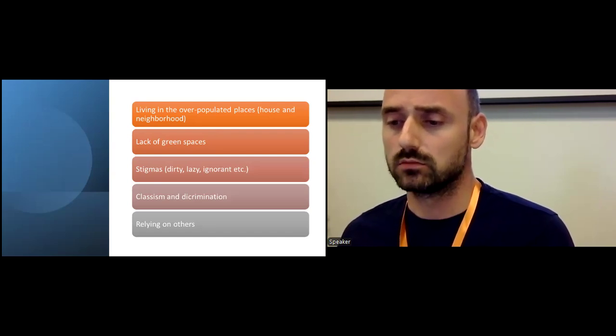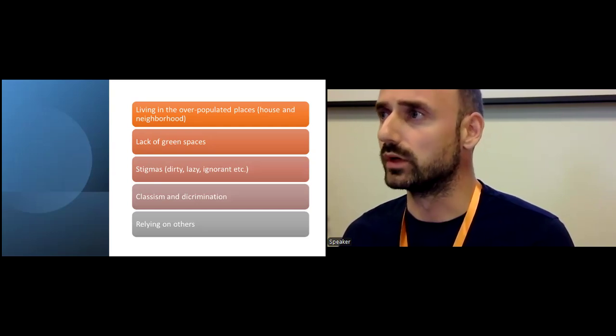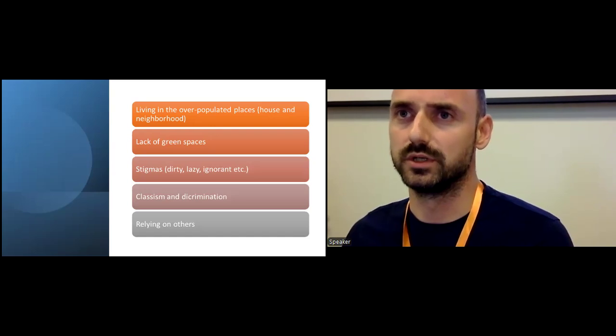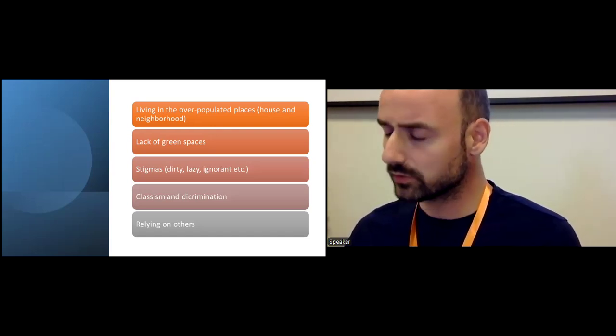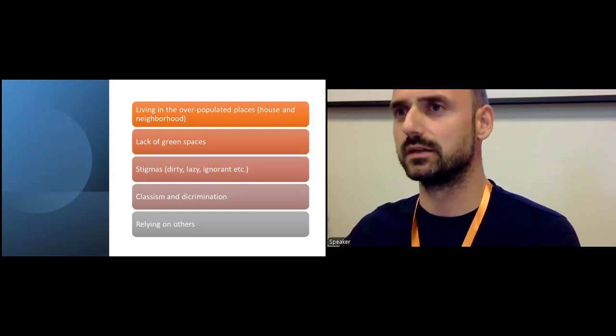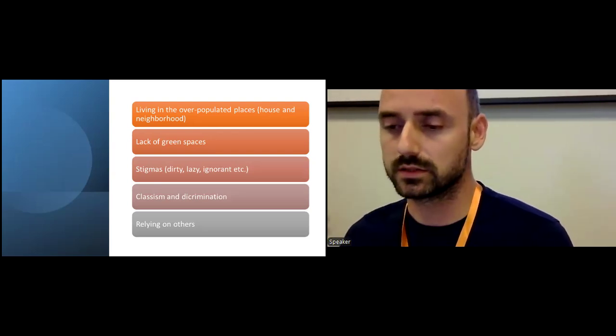Classism and discrimination, this is an important issue for impoverished people. Classism is class-based discrimination. When we talk about discrimination, I believe you may have heard of social identity theory. It's an old theory, but I believe it still applies today.